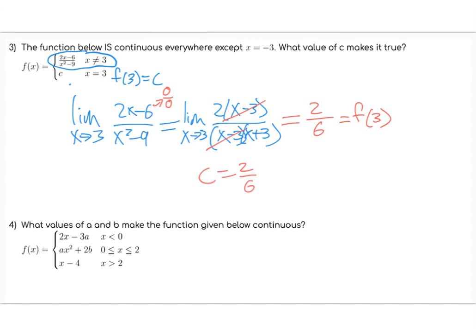All right, for the bottom one, here we've got two different possible breaks in the graph. We've got x equals 0, and then we've got x equals 2. To be continuous, we need two different things happening. We need the limits from the left and the right to be equal. So at each place, I'll do 0 first.